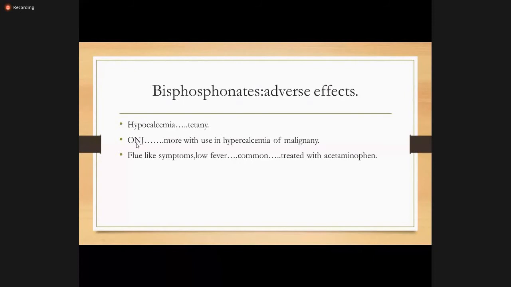But still, if your patient is having any dental problem, that needs to be taken into account, and no dental procedure should be undertaken for the next 3 months after the use of bisphosphonates. Common infusion reactions are flu-like symptoms and low-grade fever. These last for 2 to 3 days and are treated symptomatically with acetaminophen.